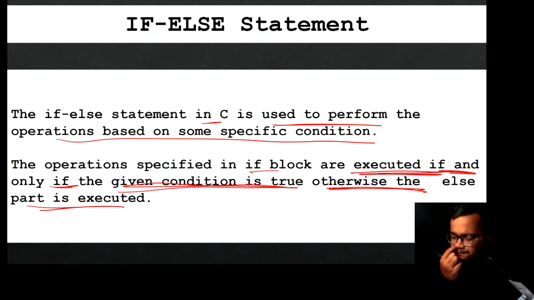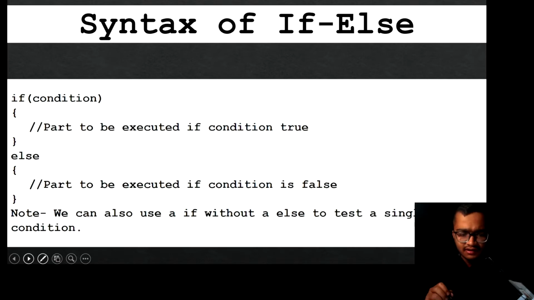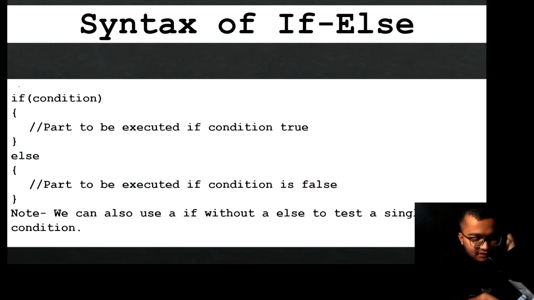So let's have a look at the syntax, and then we will see a program with the if else statement where we will be able to understand it more clearly. Here is the syntax of if else statement. We have to write if, which is the keyword.